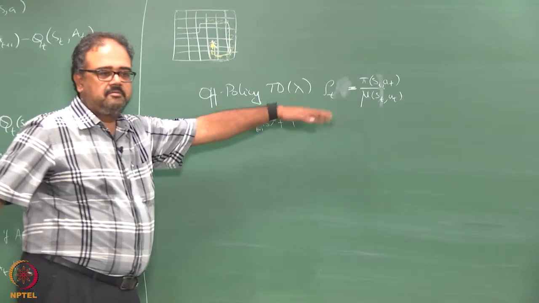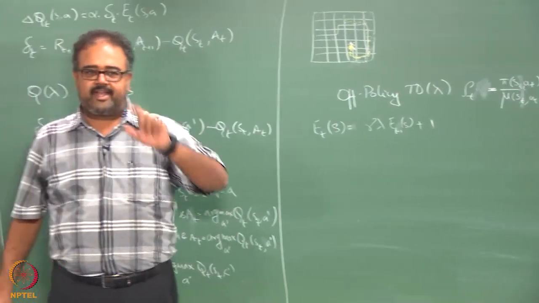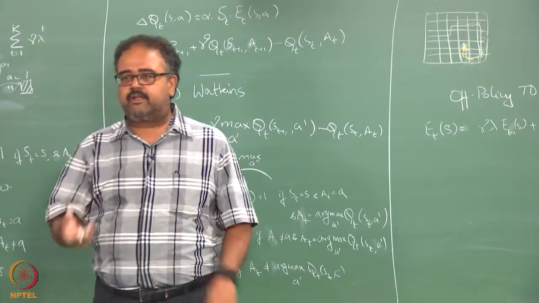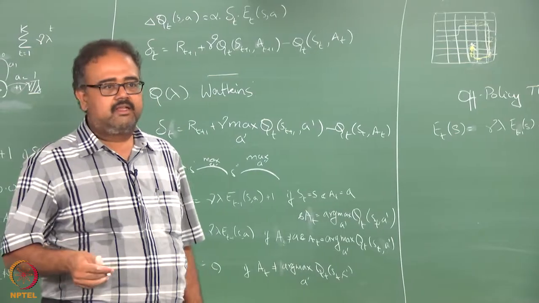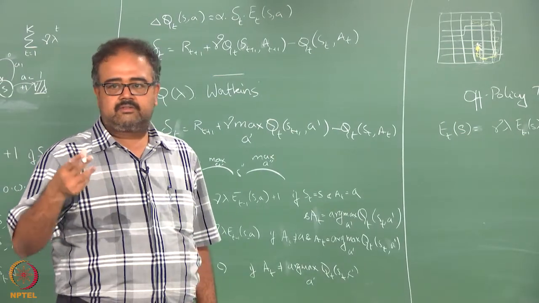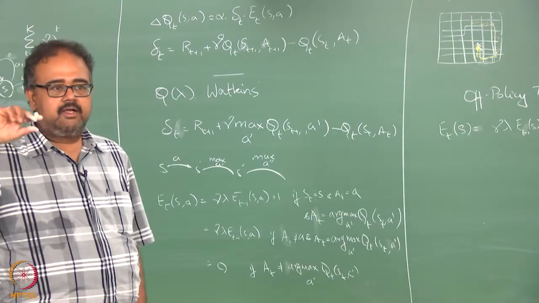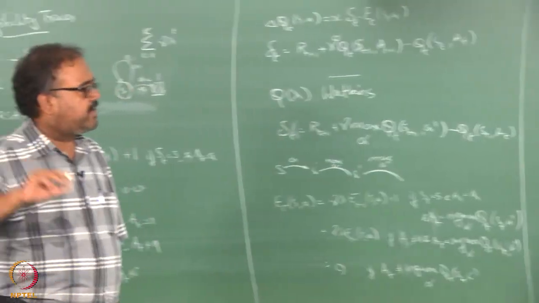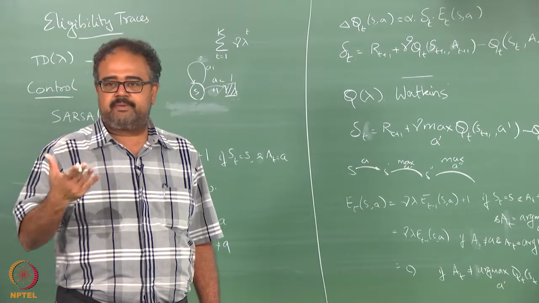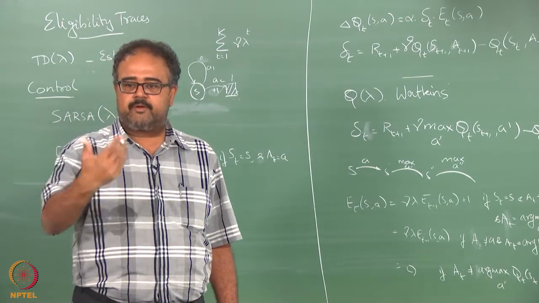So rho t is the importance weight at time t, for that particular choice, right. So at that time I made a choice, at state st I picked an action, right. So what is the probability of me picking the action?